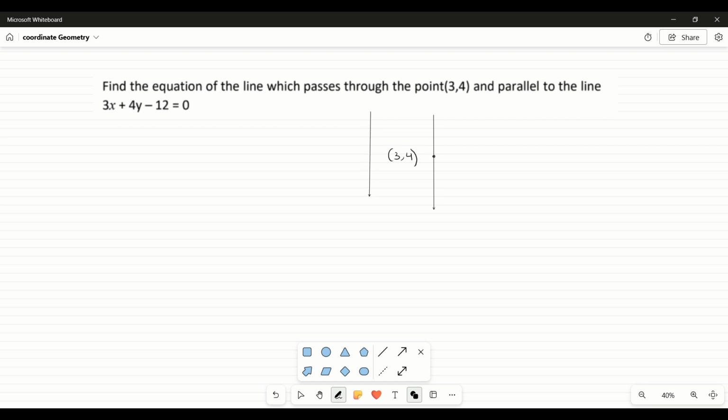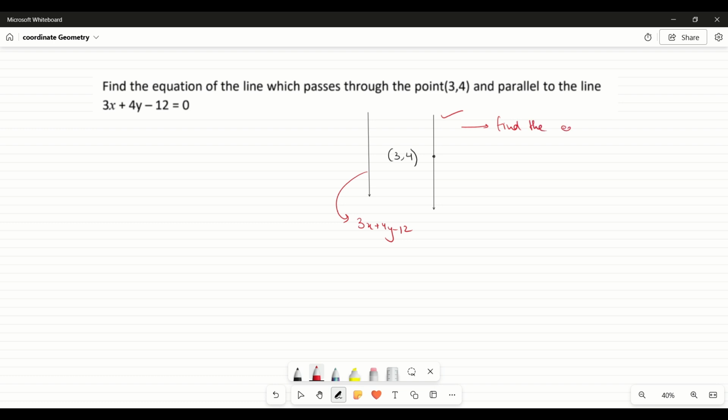So let's say this is the parallel line, and let's say its equation is 3x plus 4y minus 12. You need to find the equation of this line. Okay, let's start.